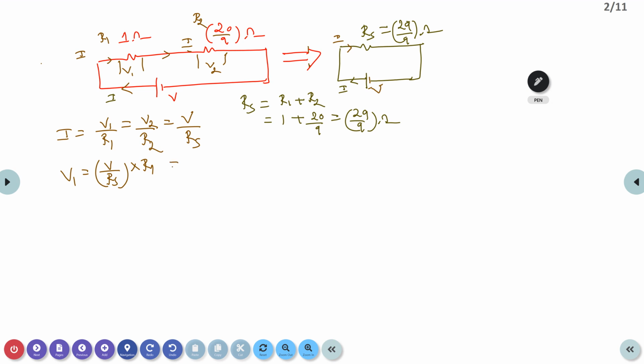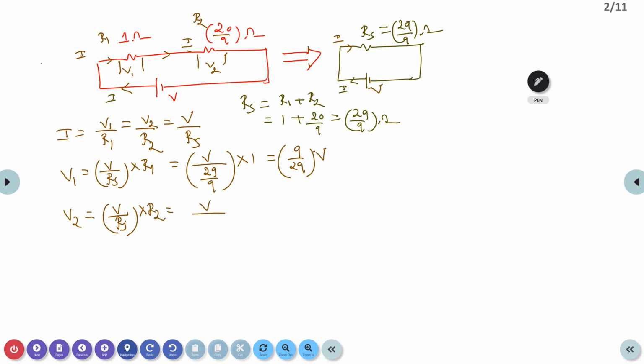This is equal to V, Rs is 29 divided by 9, into R1, which is 1. I can write 9 by 29 into V. This is V1. Then V2 equals V divided by Rs into R2.